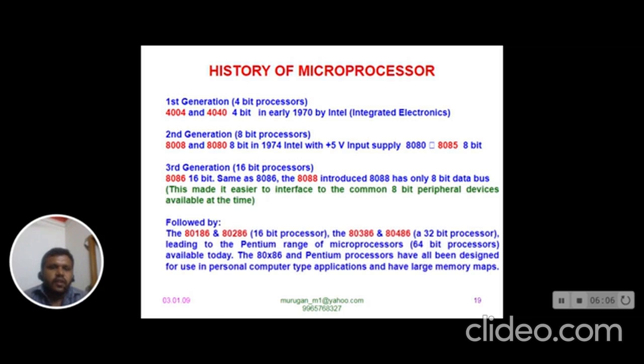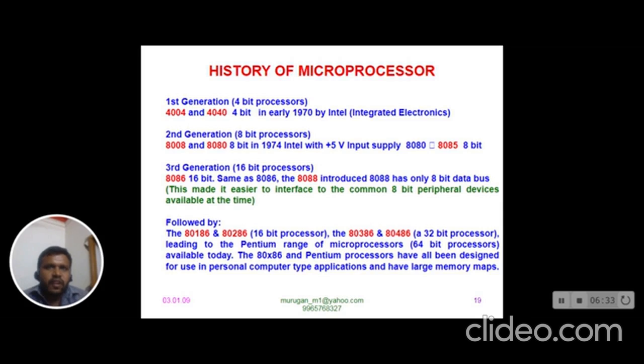It is followed by the updated processors in the third generation, that is the 80186, which is the advanced version of 8086, and 80286, 80386, 80486.